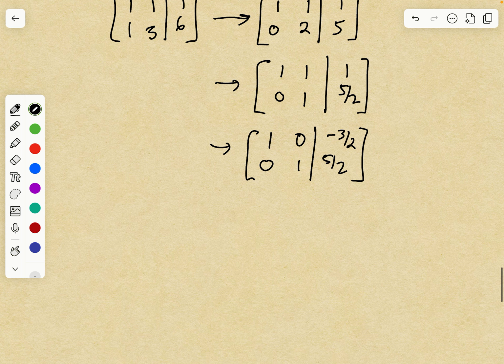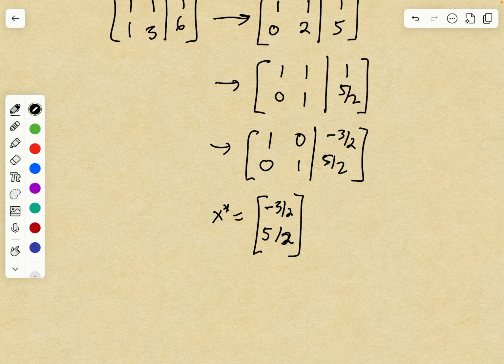And this is the same thing we had before. We get x star is equal to negative 3 halves, 5 halves. So that's the least square solution.